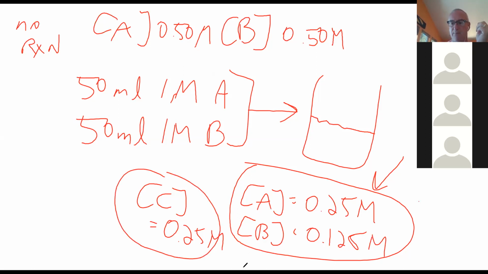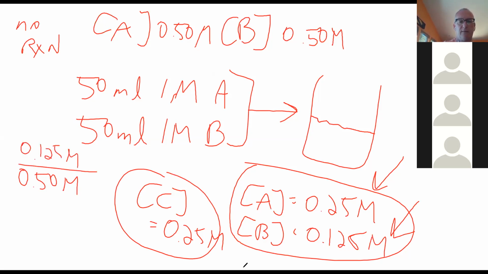And then I look at B and I think to myself, 0.125. I was expecting 0.5 molar, but I got 0.125 molar. That's only 1/4 of the concentration I expected. Therefore, 3/4 of the B was consumed.